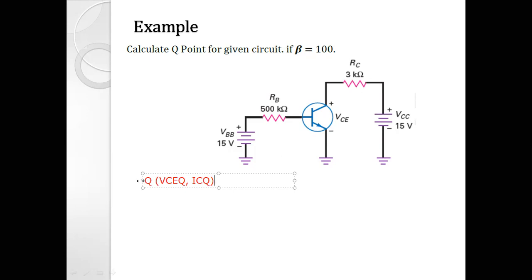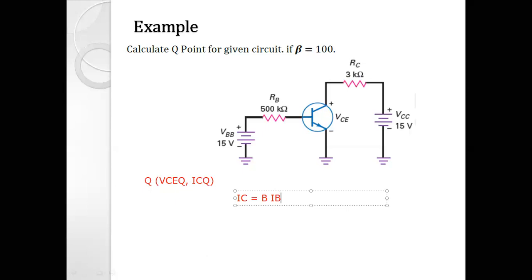For ICQ, from the discussion of the biasing circuit, you must remember that for this type of biasing network, IC is equal to beta times IB, right?